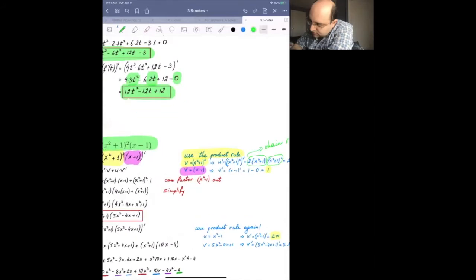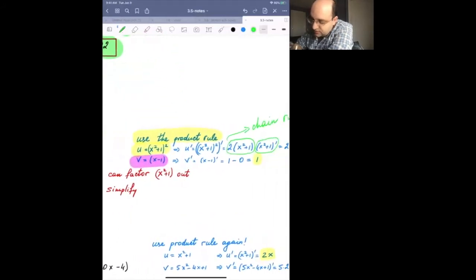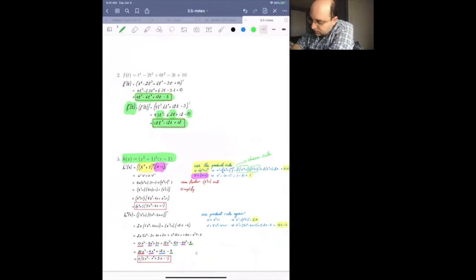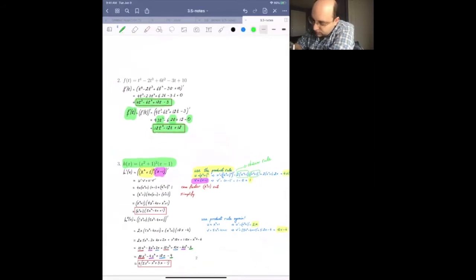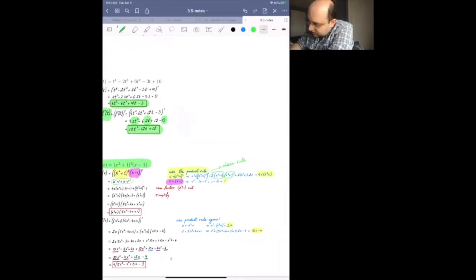So that's the yellow part here. Then v is x minus 1, and of course the derivative of v is equal to 1. So now we're going to use these two things to find the derivative of h. We're going to plug these two things that we obtained into the product rule.